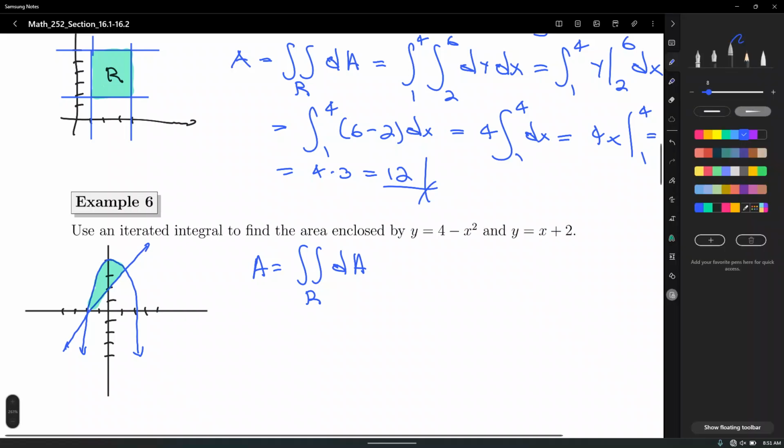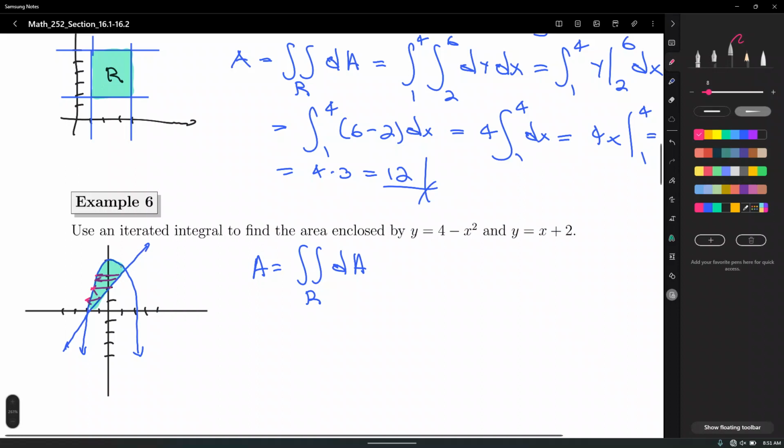So if you were to take the other direction, in this case clearly it's vertically simple, but over here, if you wanted to take the horizontally simple, well, what do we have? The diagonal line to the right and the parabola to the left. But then we're getting to this point where it's no longer the diagonal line to the right.